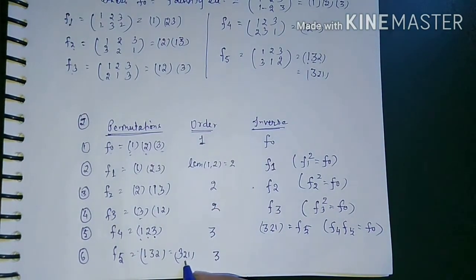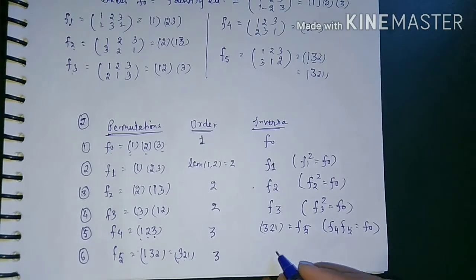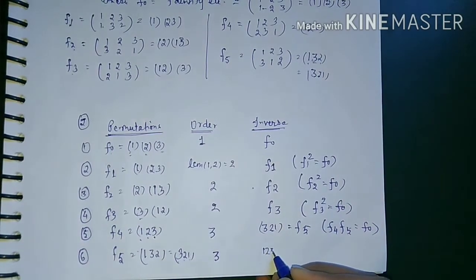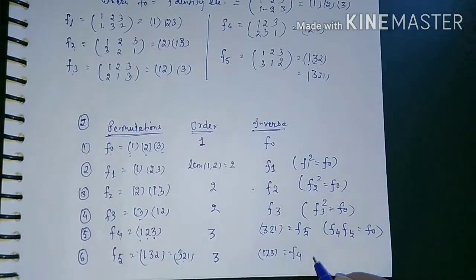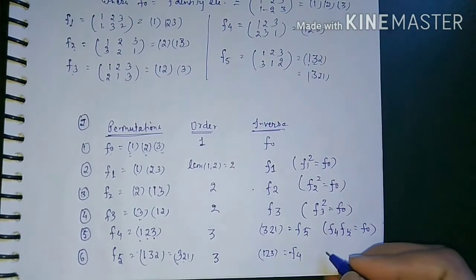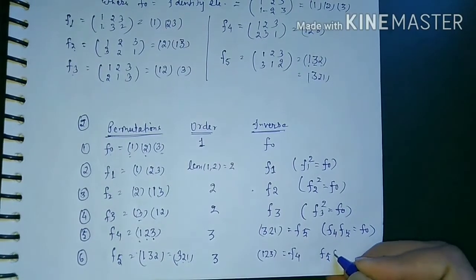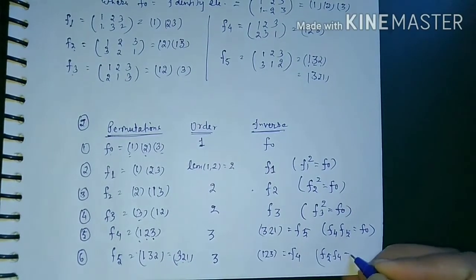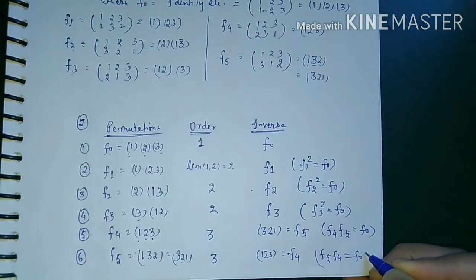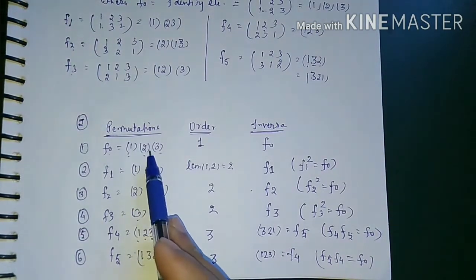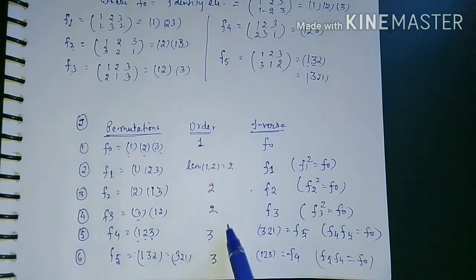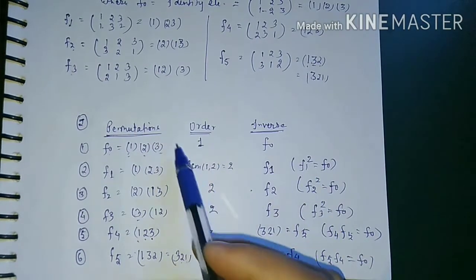To obtain the inverse of (3, 2, 1), we only have to write the elements in reverse form, that is (1, 2, 3), which is again F4. So the inverse of F5 is F4, and we can imply that F4 into F5 is F0. So this is the table where all the permutations have been written with their order and with their inverse.